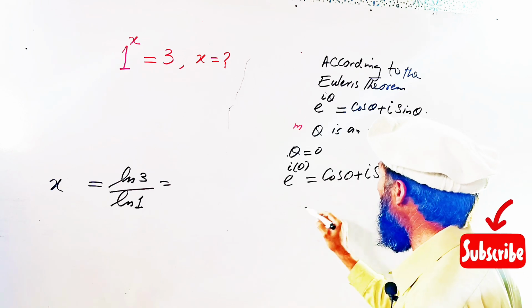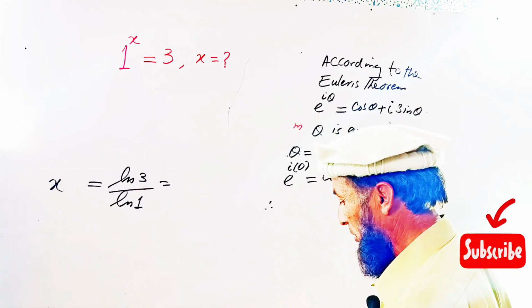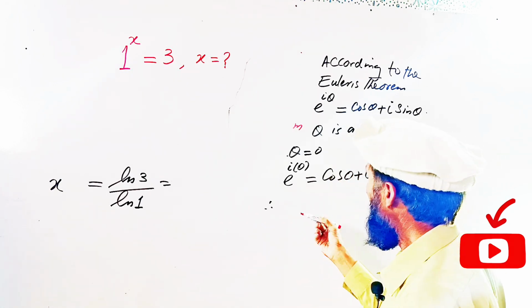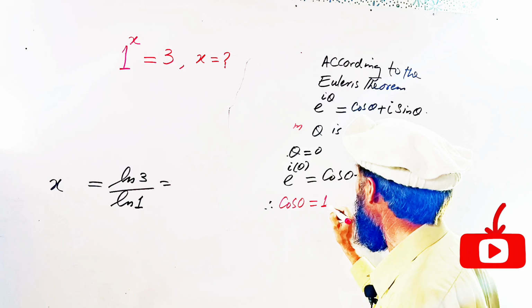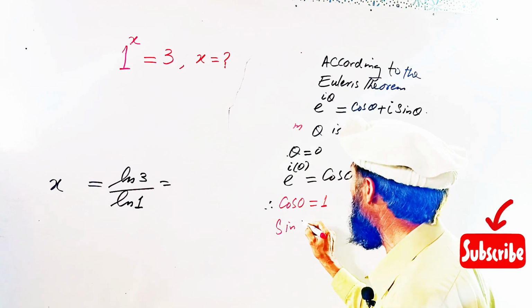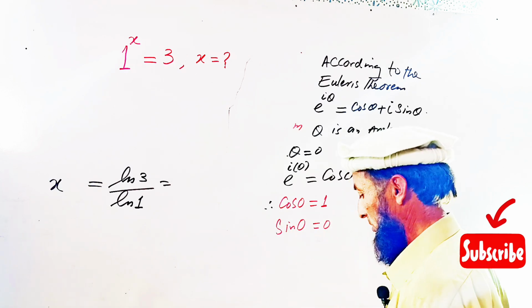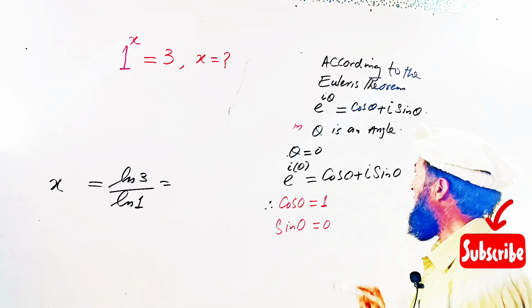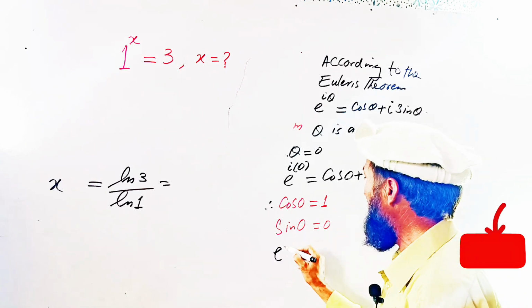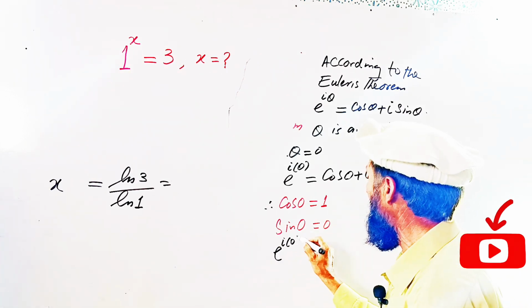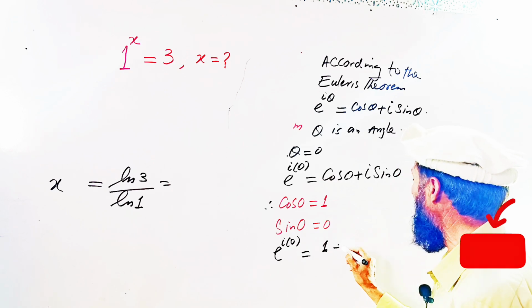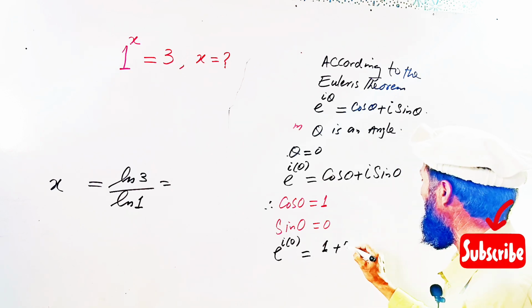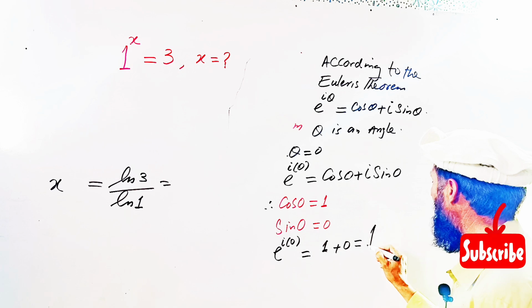As we know, cos 0 is equal to 1 and sin 0 is equal to 0. So e exponent of iota 0 is equal to cos 0, which is 1, plus sin 0, which is 0, so we get the result 1.